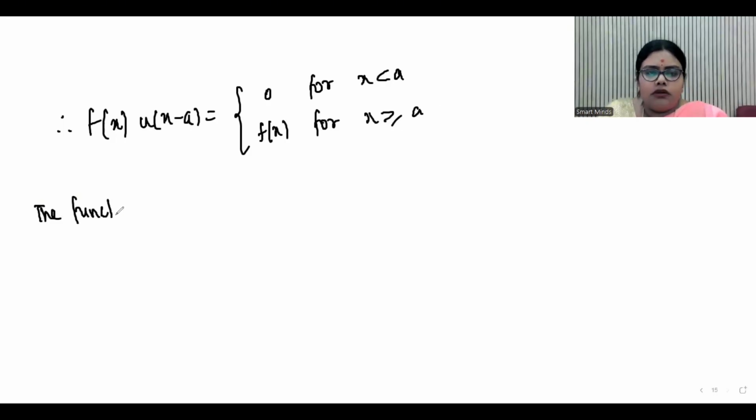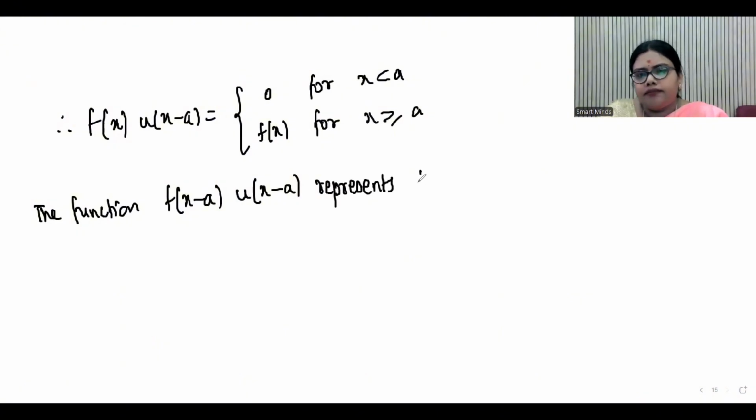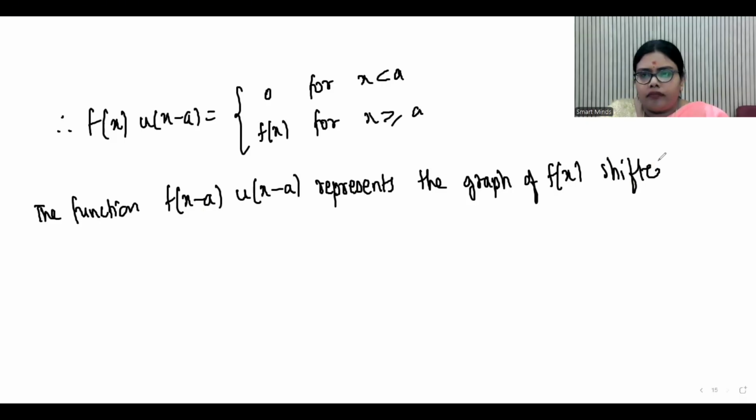So the function f of x minus a, u of x minus a represents the graph of f of x shifted through a distance a to the right.